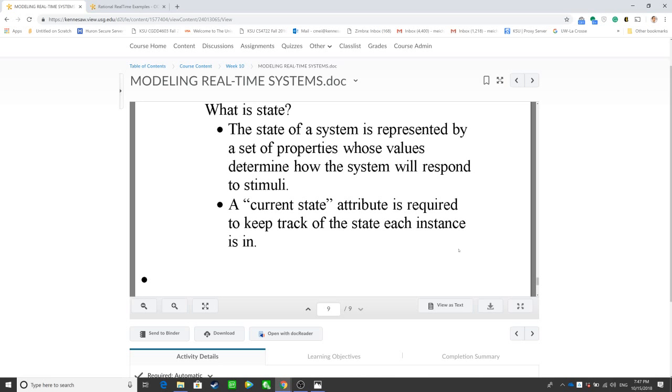Like if I am in the on state and I keep saying on, there's no method there to be called. If I'm in the off state and I say on, I'm calling the method on. A current state attribute is required to keep track of the state each instance is in. Yeah, current state, of course.